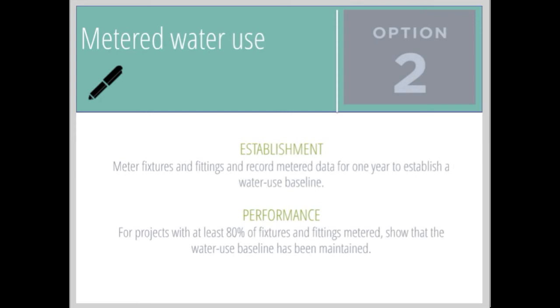The establishment component requires projects to meter fixtures and fittings and record metered data for 1 year to establish a water use baseline. The performance component requires projects to have at least 80% of fixtures and fittings metered and show that the water use baseline has been maintained.